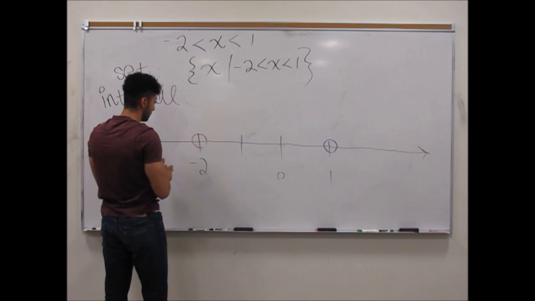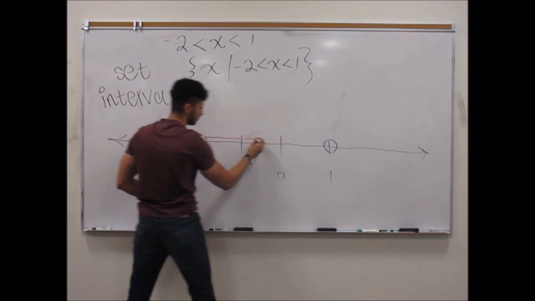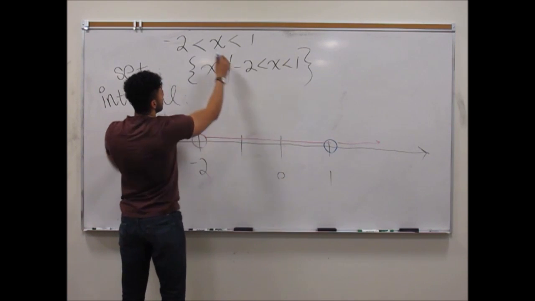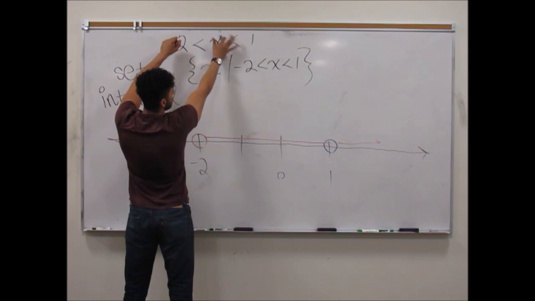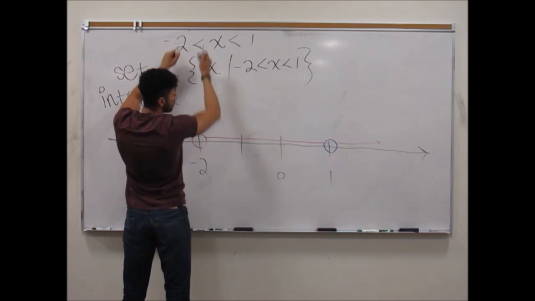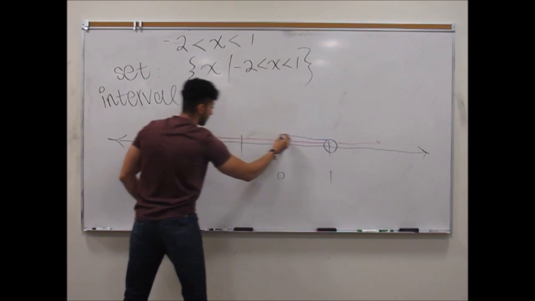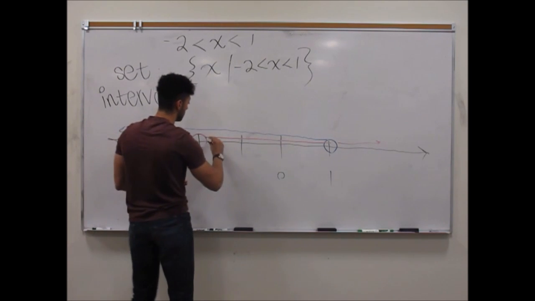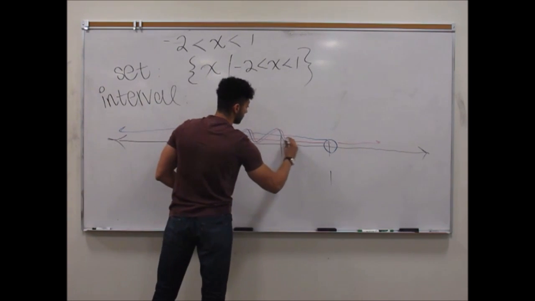So I'm going to shade this way. And then if I cover up that piece, this guy is letting me know that x is less than 1. So values that are less than 1 would go this way. And then we notice that the and is implying the section where these guys overlap each other, which is right here.